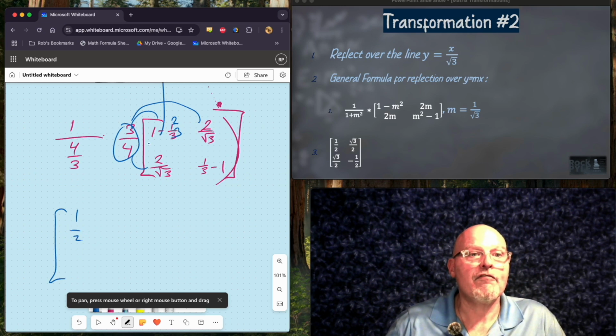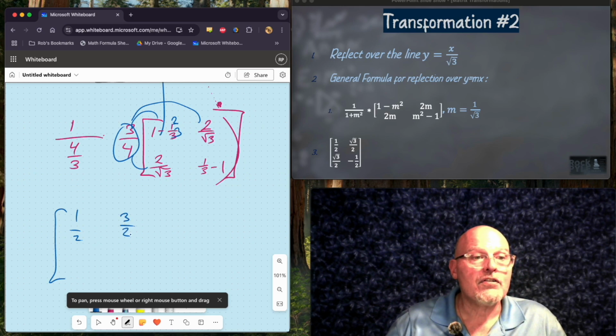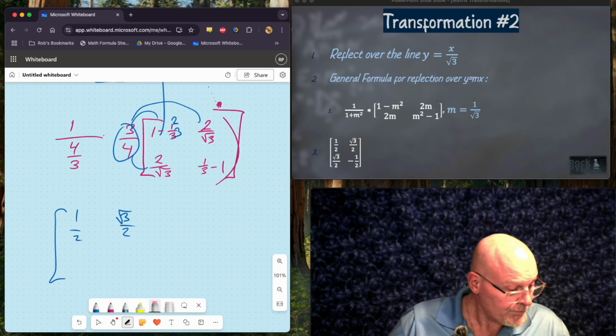Coming up here, 3/4 times 2 over the square root of 3: the 2 and the 4 half cancel, and I'll have 3 over 2 times the square root of 3, which simplifies to root 3 over 2.